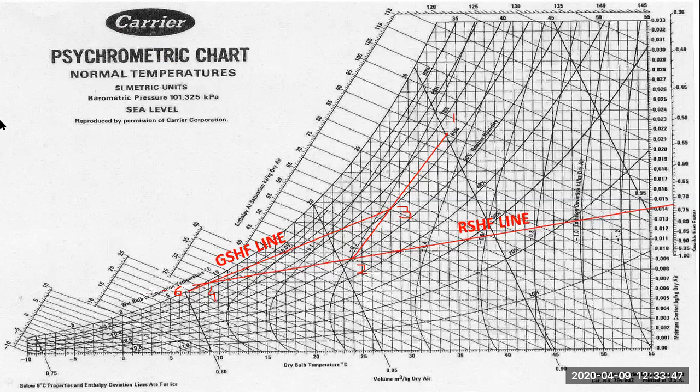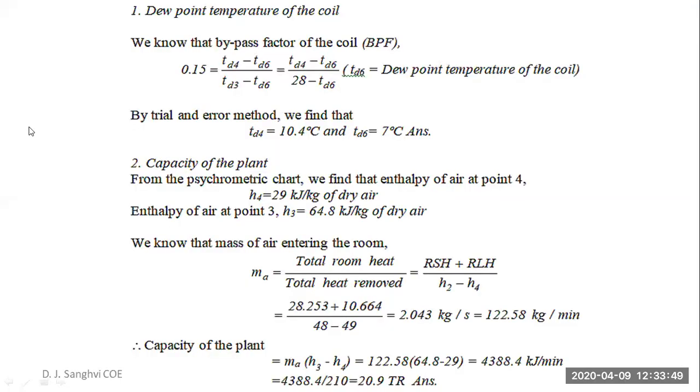So for that there is only one method. We'll have to use the trial and error method for this bypass factor. In this formula, bypass factor is given as T4 minus T6 upon T3 minus T6.